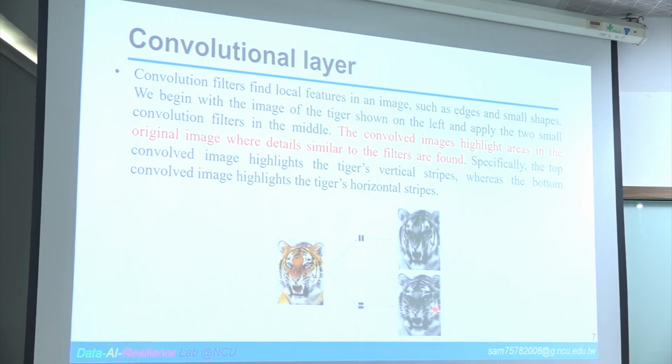But if you keep the pixel which has the maximum value, supposed to be maybe 256, that will give you the most clear and significant information, right? So that's why they use the pooling layers to reduce the size, but at the same time to capture the most important information. Okay?